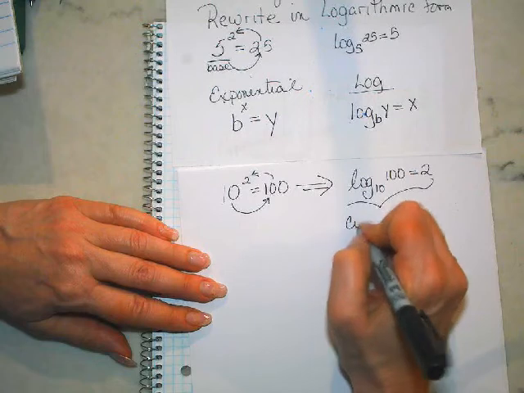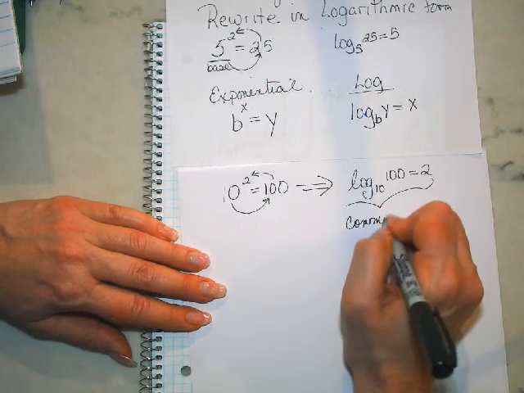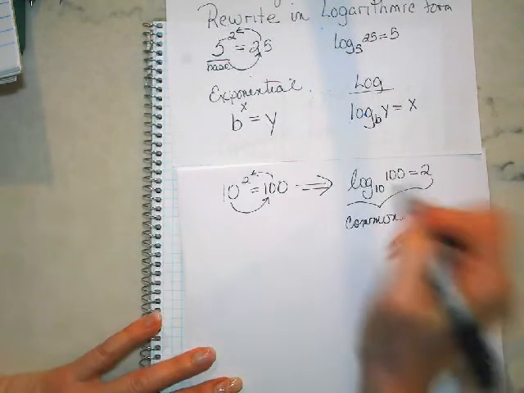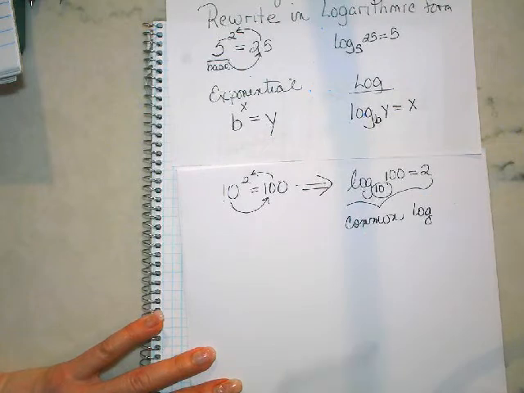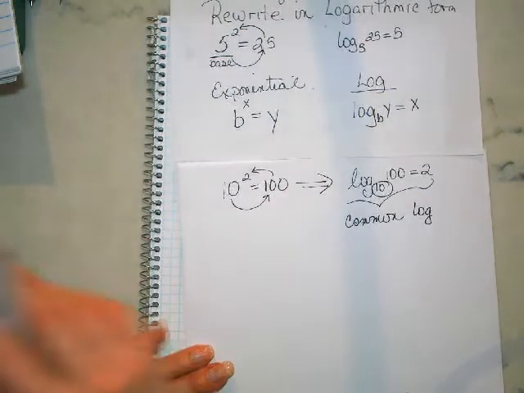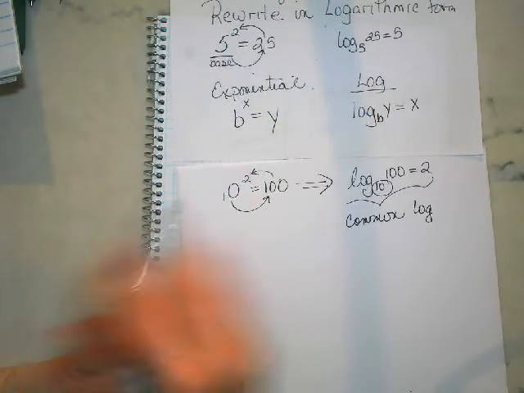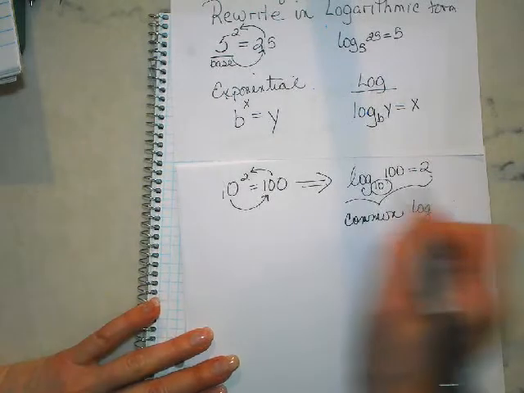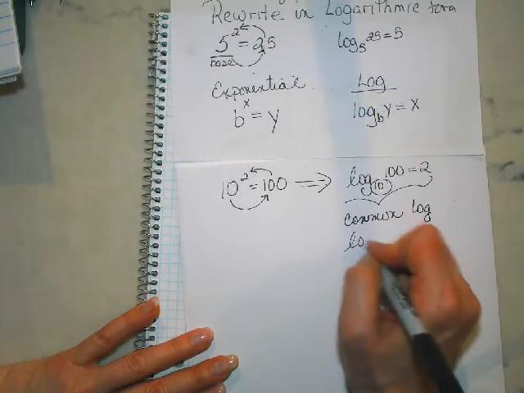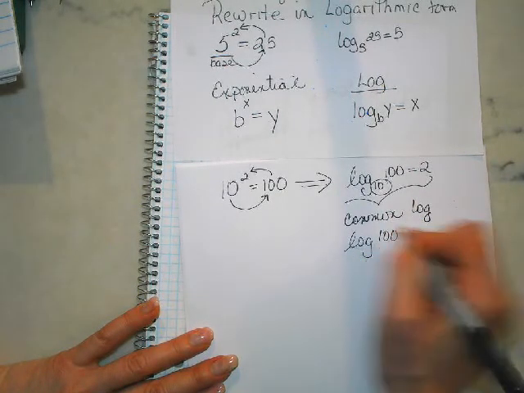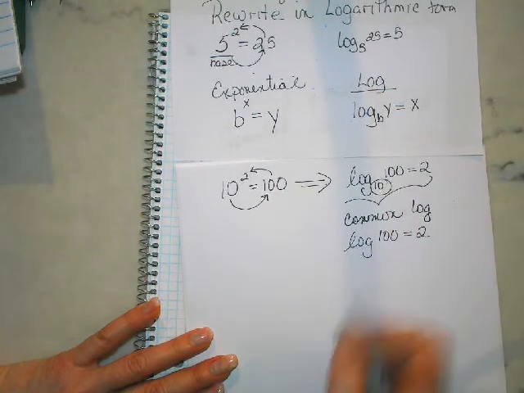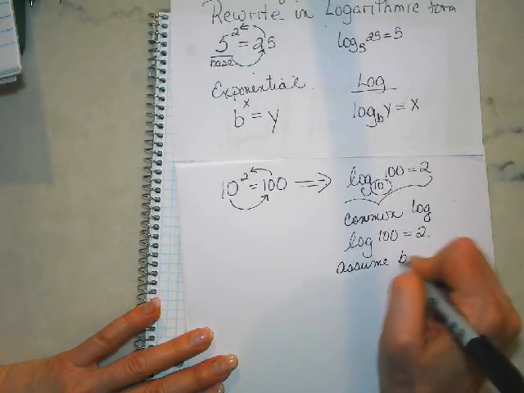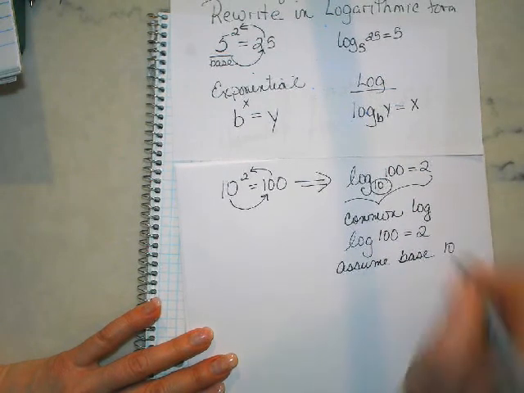Now, this right here is something called a common log. Common log is a base of 10. You never need to write base 10. Mostly everything is assumed to be in base 10, and we're going to go more into that tomorrow when we start solving these. But you don't have to write it. If you just wrote log 100 equals 2, they assume always base 10.